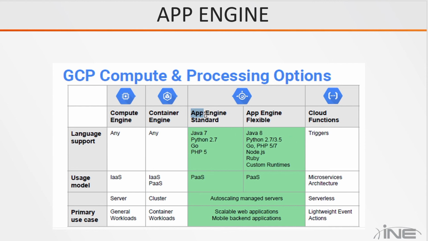App Engine Standard works with Java, Python, Go, and PHP. Flexible also works with Node.js and Ruby. So just pay attention to those differences. And if you have a custom environment, let's say you want to run something that isn't listed here, this would be a reason to use App Engine Flexible.